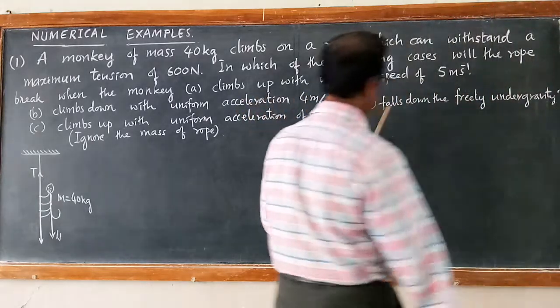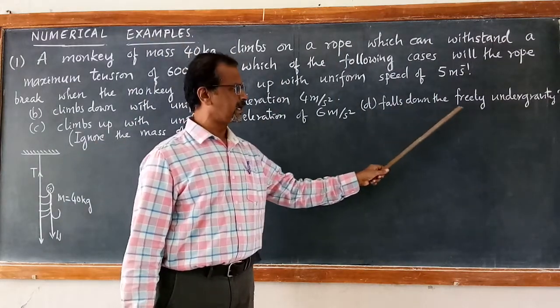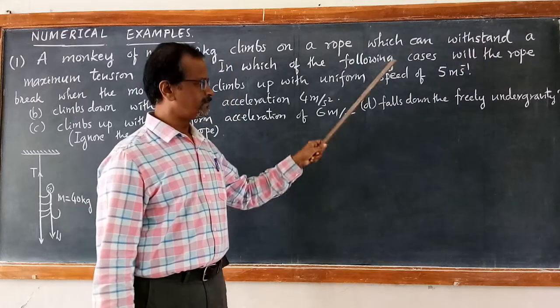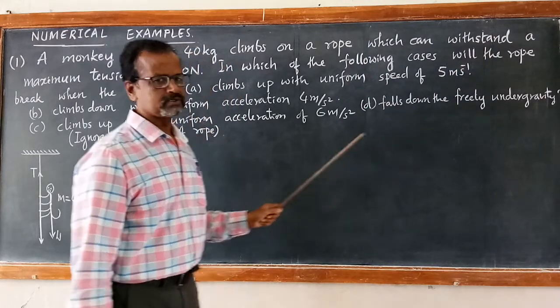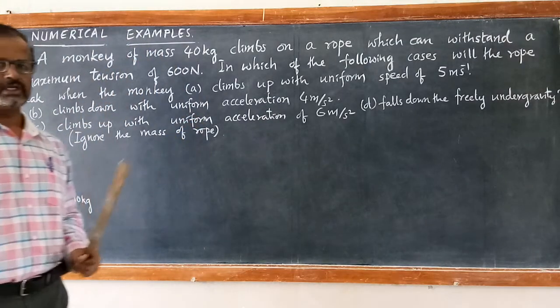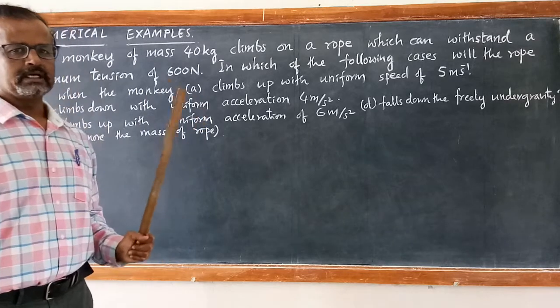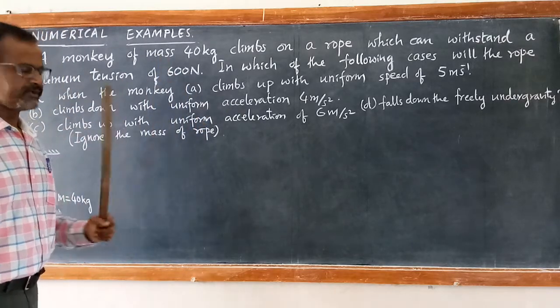And the last case is what happens when the monkey slips and falls down nearly freely under gravity. What happens to the rope? In each case you need to calculate the tension, and if the tension is greater than 600 Newton, the rope is going to cut. That you have to find out.